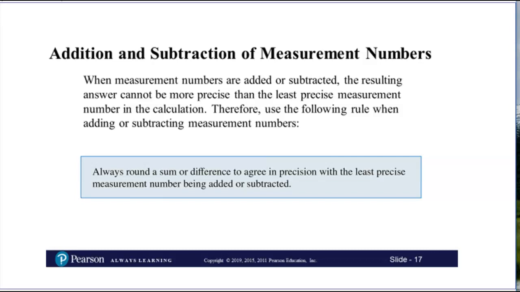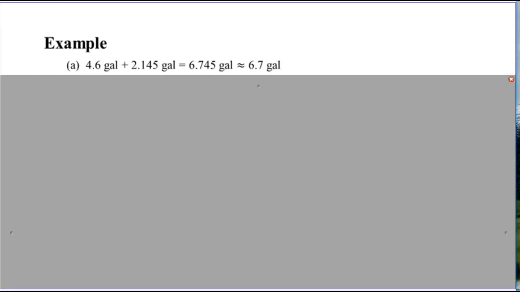So let's look at an example. 4.6 gallons plus 2.145 gallons equals 6.745 gallons. And that is a precise answer to that problem, except that 4.6 gallons is our least precise value because it has two significant digits, and it's precise only to the nearest tenth.